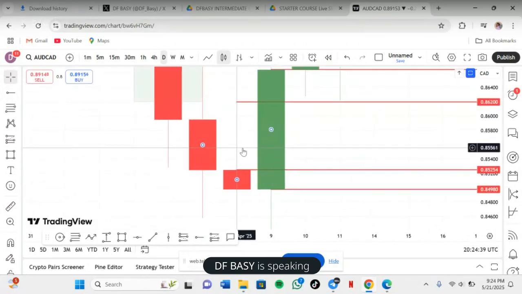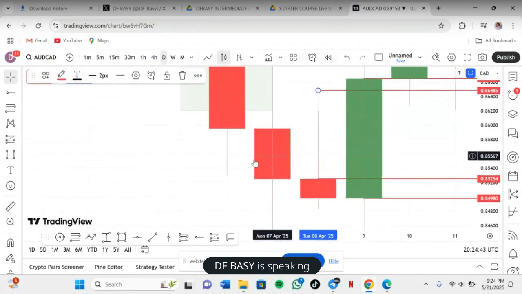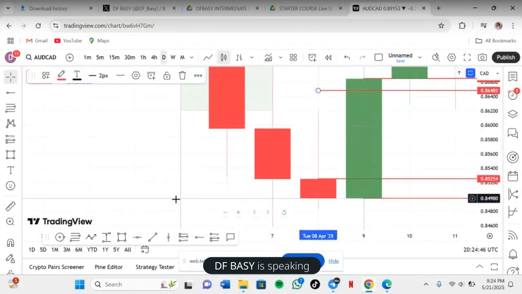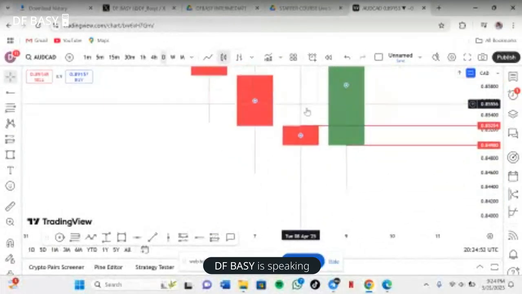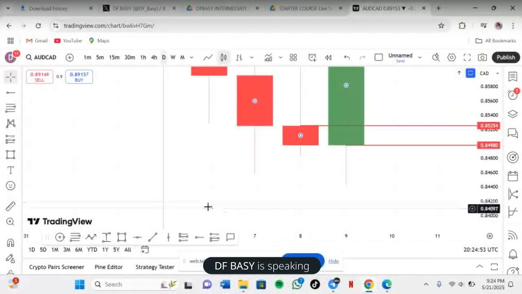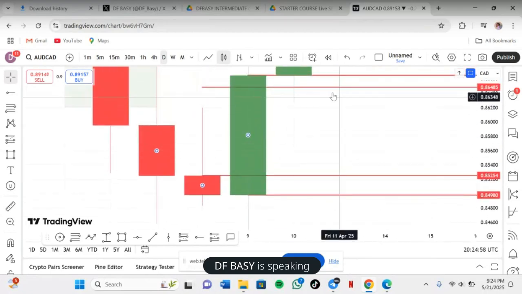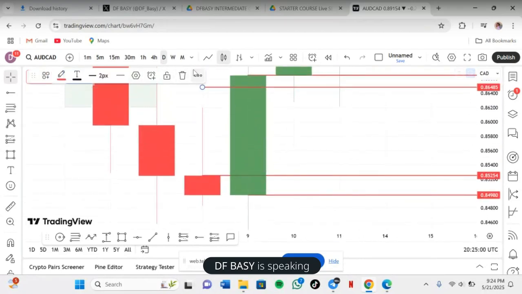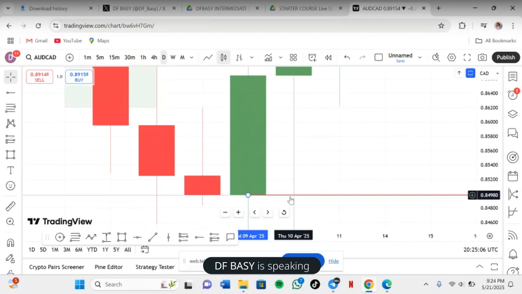Hence this long wick you're seeing here. That's why I said buyers tried pushing the market from here upwards. Sellers still came back and pushed the market downwards, and eventually it closed bearish, closed red. Do you get? Alright, so each daily candle on the candlestick chart represents information, transactions carried out in the market, right?